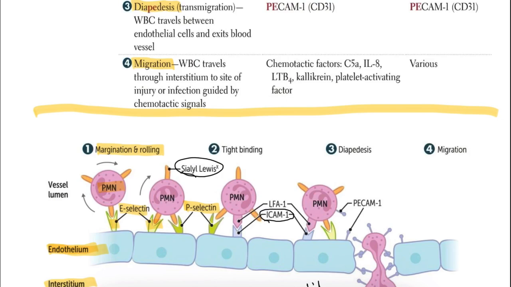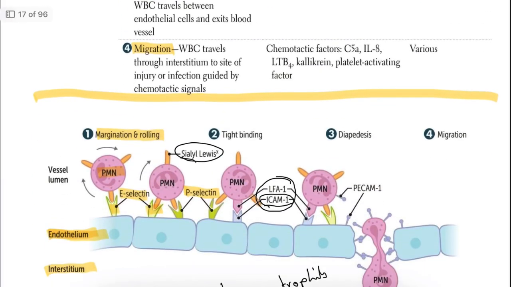Here you can see in this diagram the firm adhesion highlighted with LFA1 binding to ICAM. So the polymorphonuclear cells will bind very hard with these molecules. Okay, so next will be diapedesis.